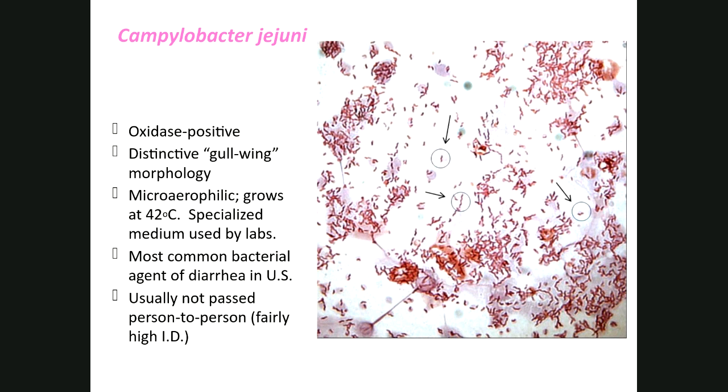Seagulls are migratory birds which migrate from country to country, and they land near the water sources, and then they migrate again. So they have a typical shape of their wings, and this is what that shape is, and this is known as the seagull morphology. This is very typical of Campylobacter jejuni.